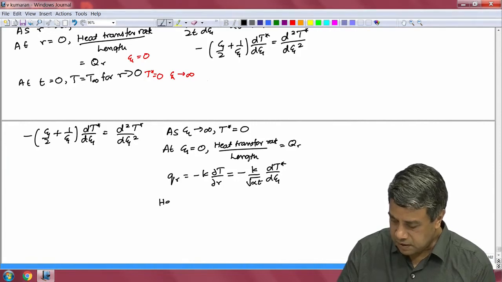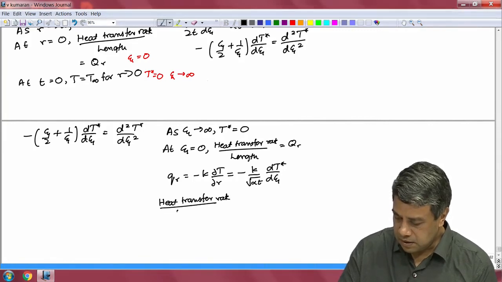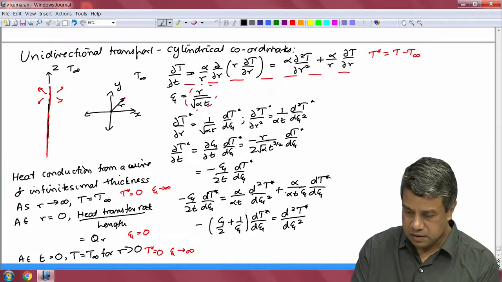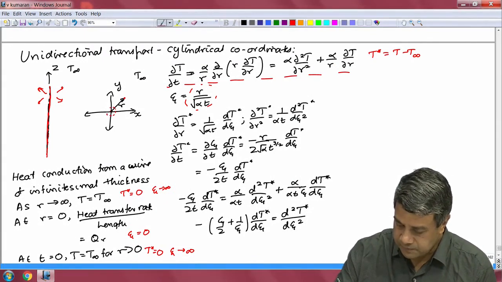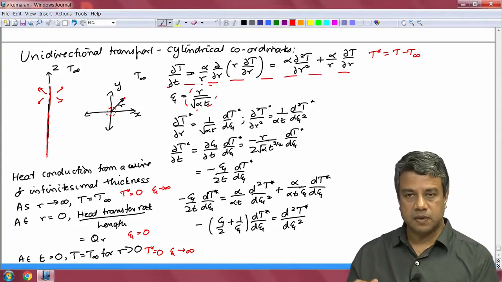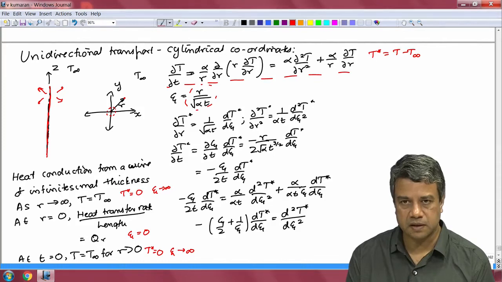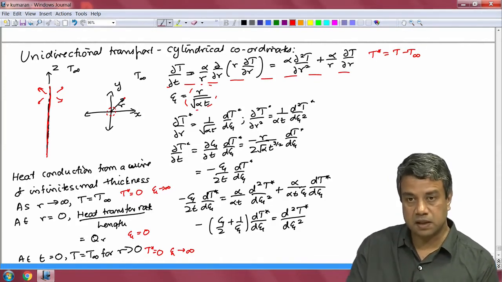Heat transfer rate per unit length is equal to 2 pi r into qr. Okay. So, if I take a small distance, okay, in the limit as r goes to 0, the heat transfer rate per unit length perpendicular has to be equal to 2 pi r times this, okay, 2 pi r times qr.